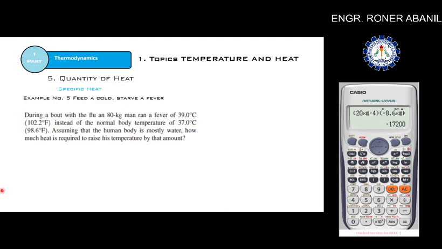So dito hanapin natin ilang gaano daw karaming heat yung nire-required para mapataas natin yung temperature from 37 degrees Celsius to 39 doon sa pasyente nating nilalagnat. So, paano natin siya i-approach?